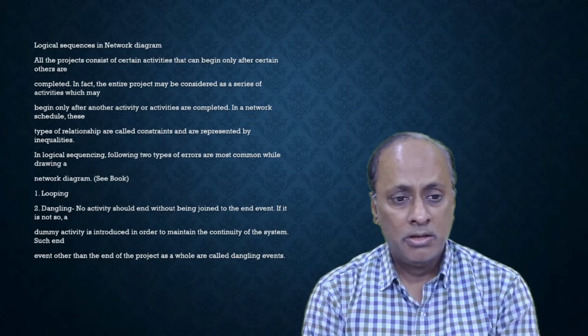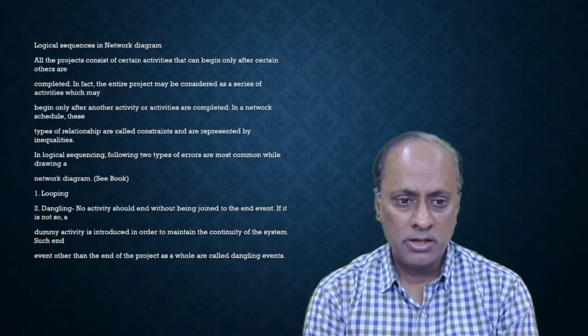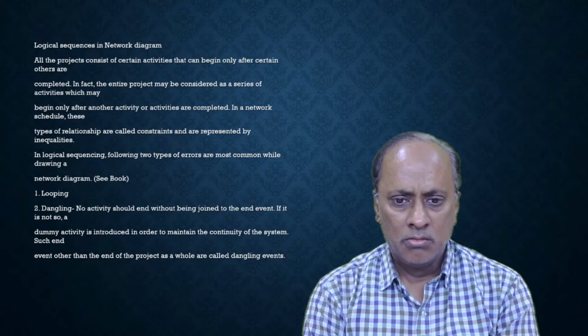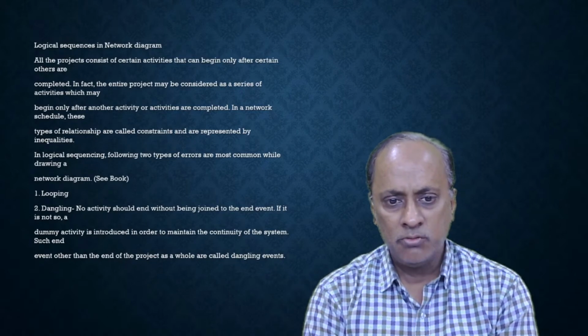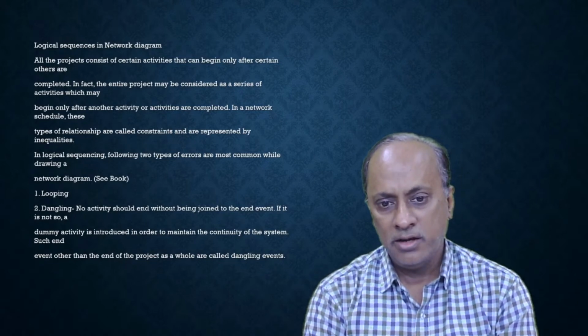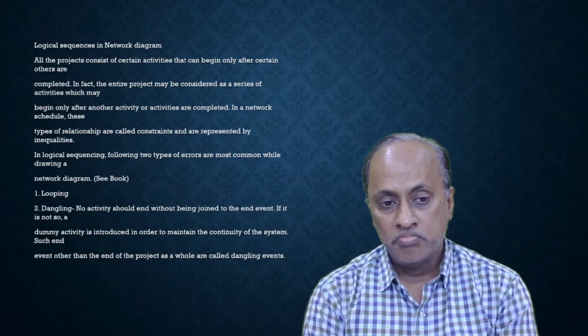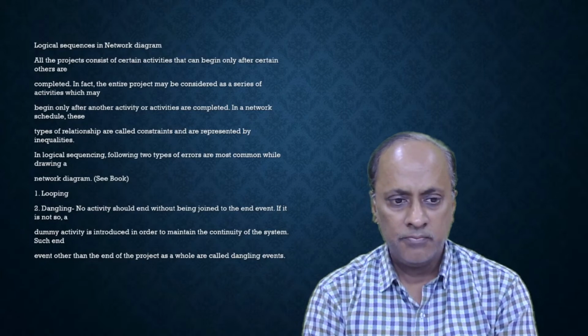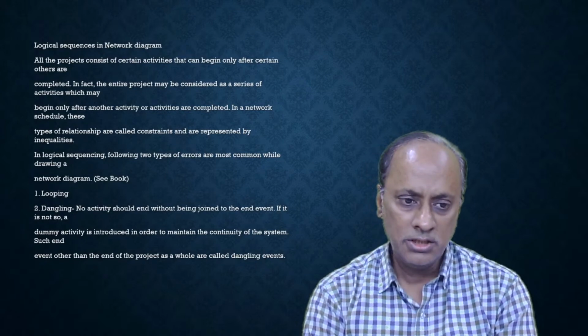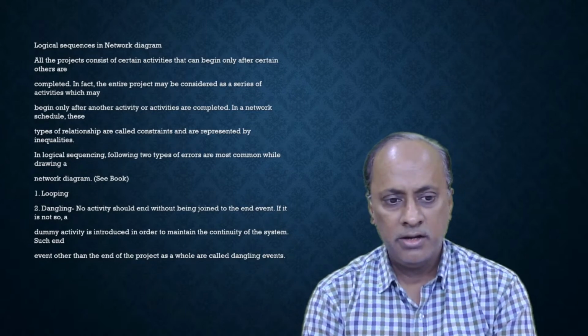So when you draw a network diagram, no activity should end without being joined to the end event. If it is not joined, it is called dangling. And to overcome this problem, we have to use the help of a dummy activity.